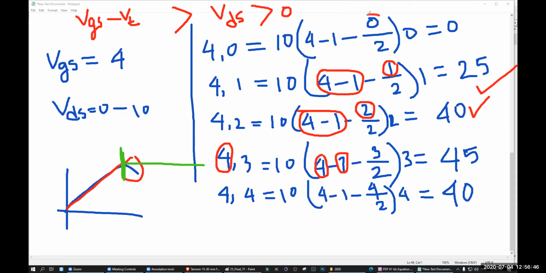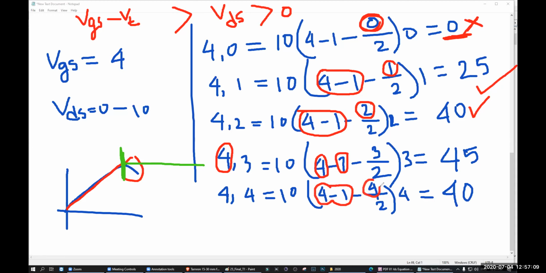See, when it was 0, that time the current was 0, right? So this is not linear. This is actually cutoff. This is linear. Okay? In this case, see this one. 4 minus 1, how much? 3.